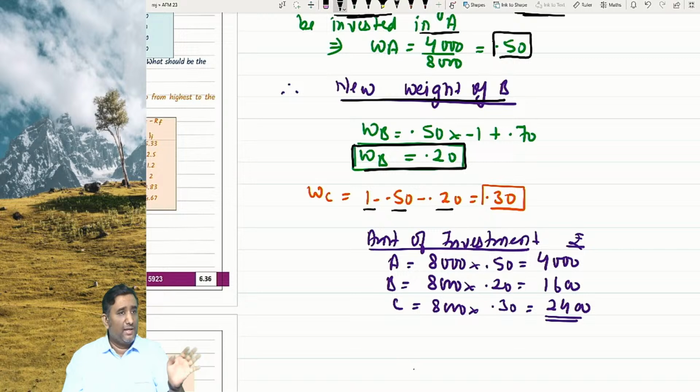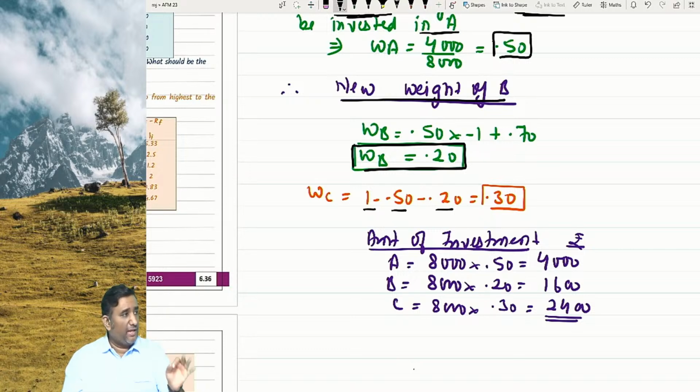Some books might write that, but there could be a possibility that C might have a different proportion. So you do exactly the same way we have done. Some authors might give the answer in that form: since C is constant at 30, 30, 30 and A is 50, automatically B would be 20. But instead of that, you can apply this, and it is not tough at all.